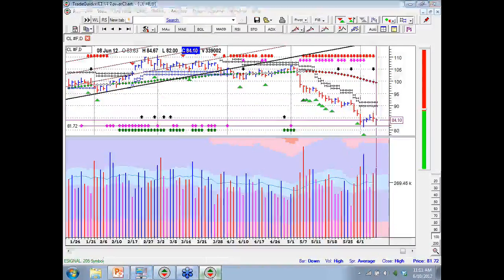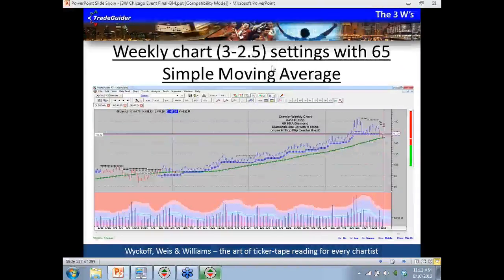I'm going to show you some examples here on the chart, though. The 3, the 2.5 with the 65 setting. You see here back in gold. What do you see here? You have a little consolidation, and another pop out. And right now, as of January 2000, it was sideways to neutral.